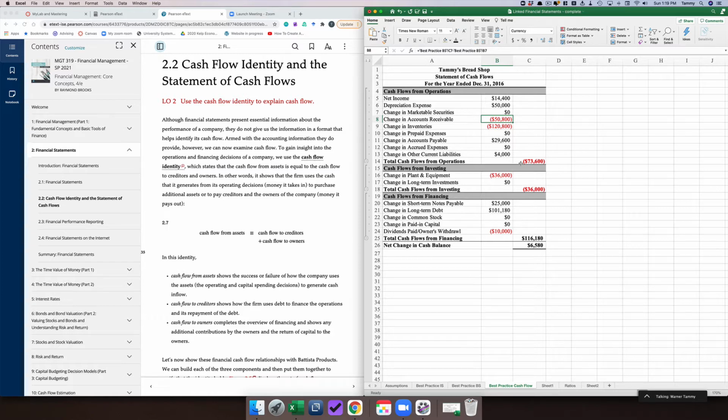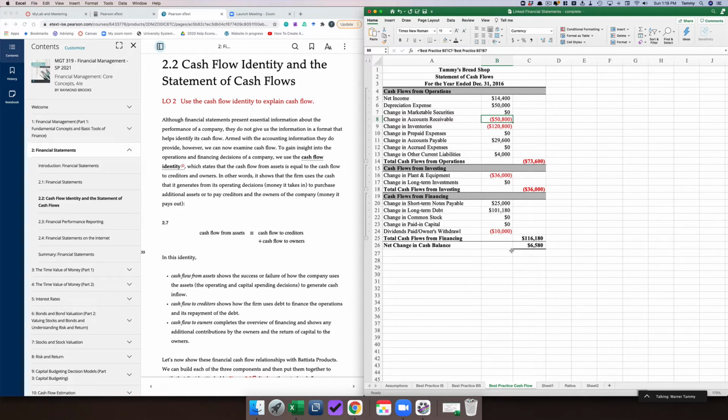Okay, but our standardized cash flow statement divides up the cash flow between operating cash flow, investing cash flow, and financing cash flow. Okay, so that is a standard financial statement.